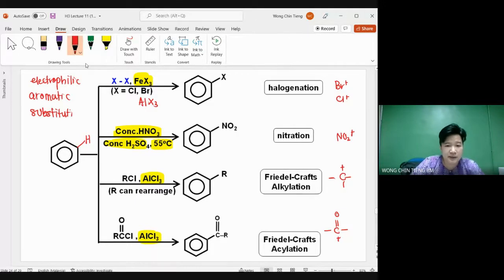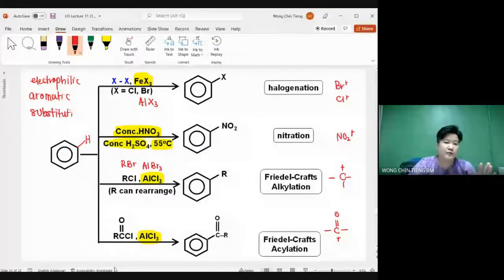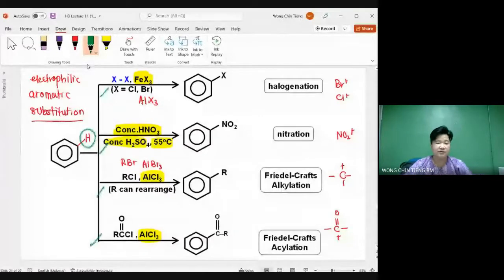Kat sini boleh guna Br, kalau guna Br dia akan jadi AlBr3. Okay? Sangat-sangat senang. Make sure you know that your benzene undergoes electrophilic aromatic substitution. Everything is saturated. Kita hanya boleh ganti hydrogen. Reaction hanya 4 ini sahaja. Tak ada reaction lain. Okay?